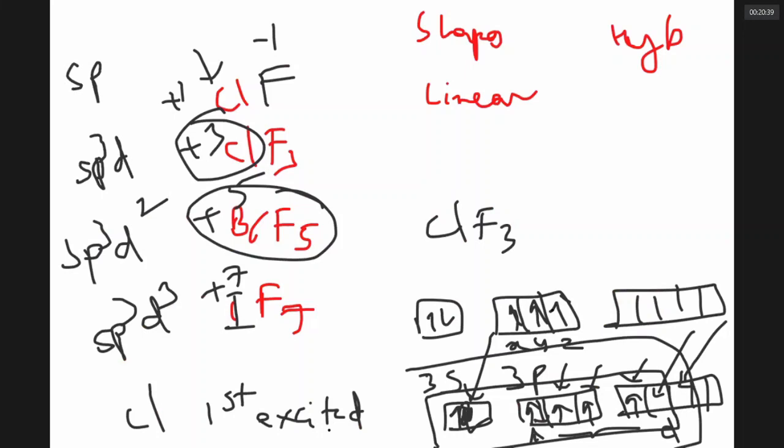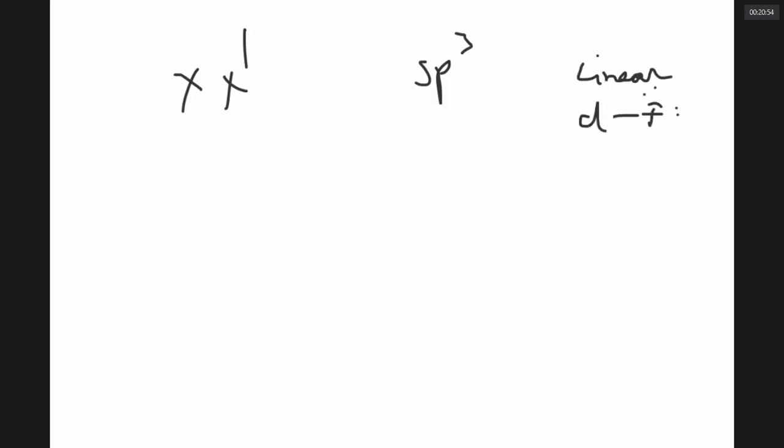Let us see the hybridizations. In XX dash type interhalogen compounds like ClF, it is sp3 hybridization, and the shape is linear, with 3 lone pairs.